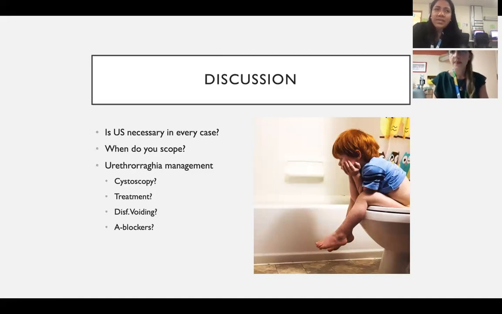I would say that maybe for the persistent cases, sometimes families get so anxious after 2, 3, 4 years of persistent hematuria that we end up indicating cystoscopy, but it's rare for sure.